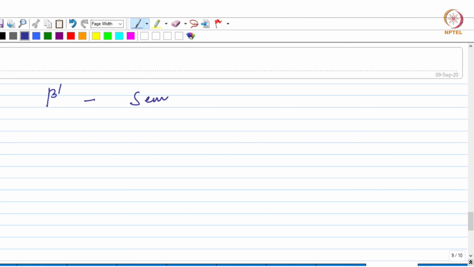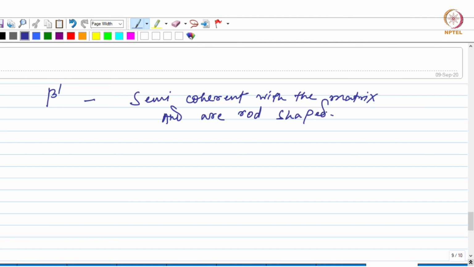And these are semi-coherent with the matrix and are rod shaped, with length about 1 micron and diameter of about 0.1 micron.